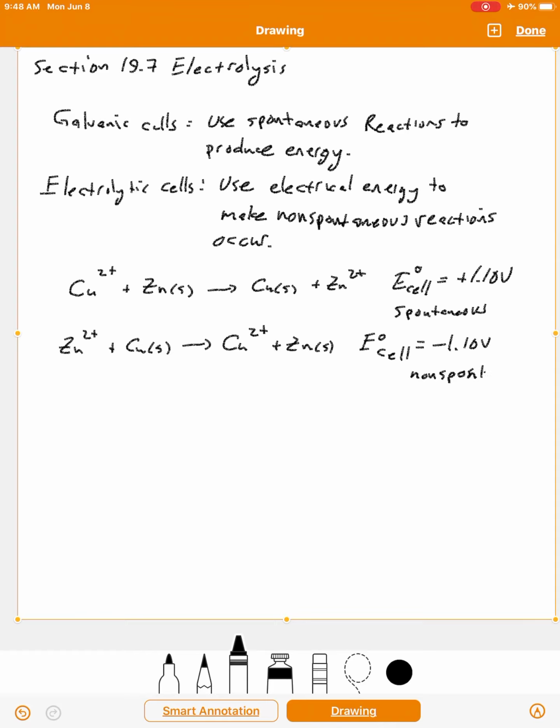So if we just hooked up a cell and expected this to happen, we would find that that reaction doesn't occur. It's non-spontaneous. But what we could do is apply a positive voltage which is greater than 1.10 volts, greater than this negative. And that would reverse the reaction to make it spontaneous.